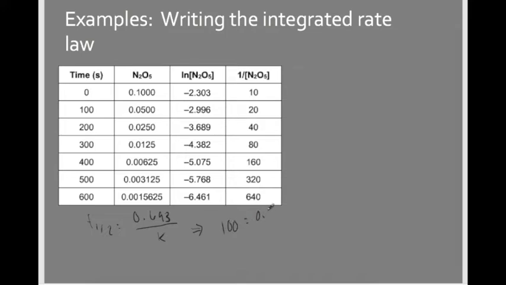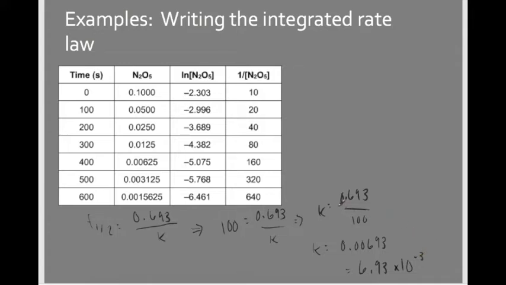That equals 0.693 over K. Therefore, K equals 0.693 over 100. And therefore, I know that K is 0.00693 or 6.93 times 10 to the negative 3.